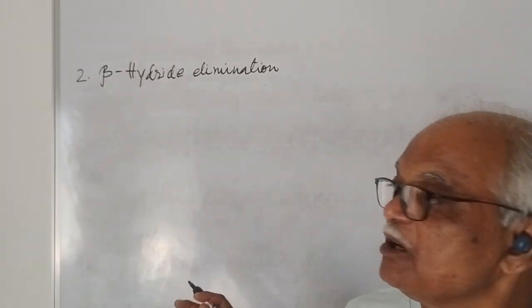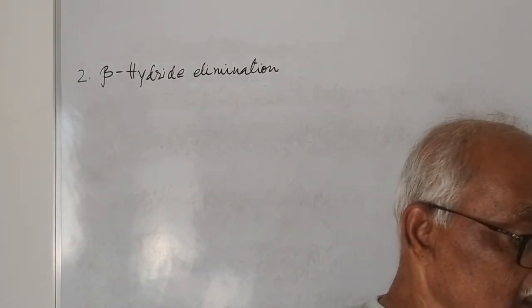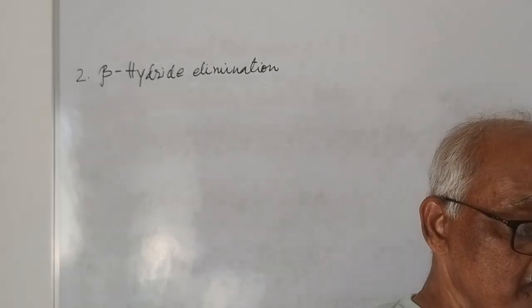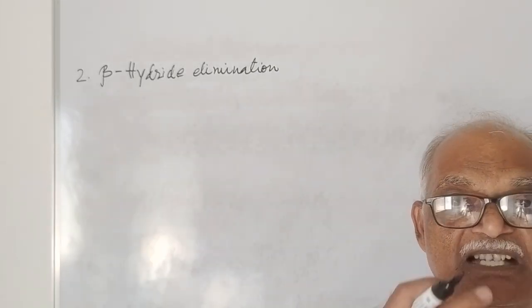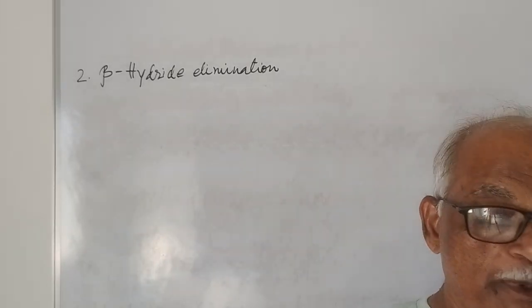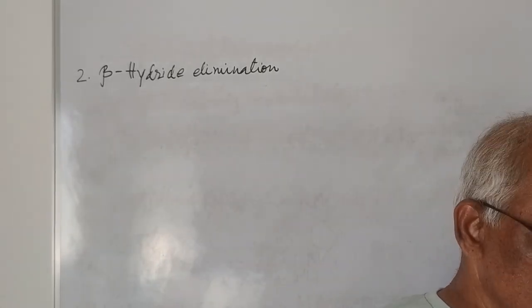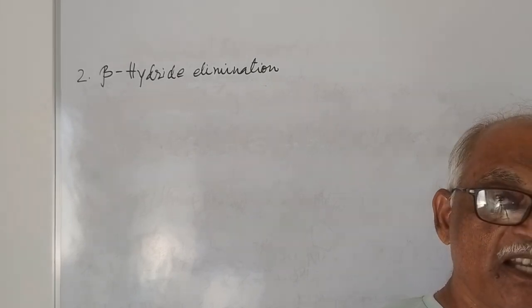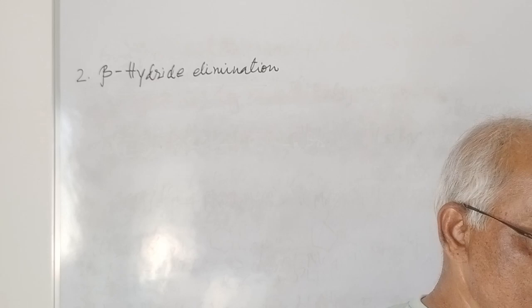These reactions are most common type reactions. This reaction is much more rapid if we consider the metals of transition group or block. But this is not so common, means they are not so rapid, for main group metals.